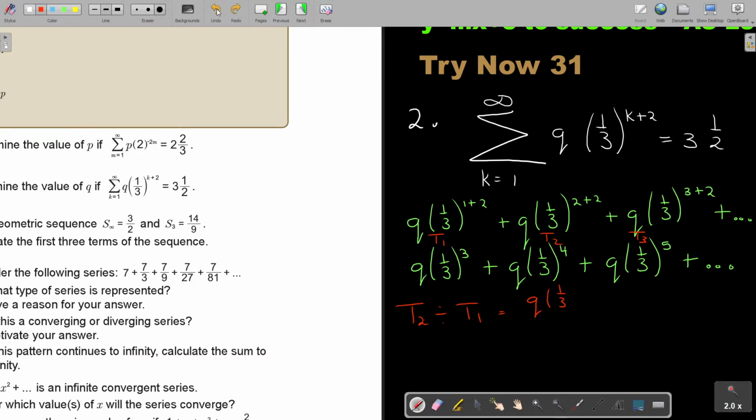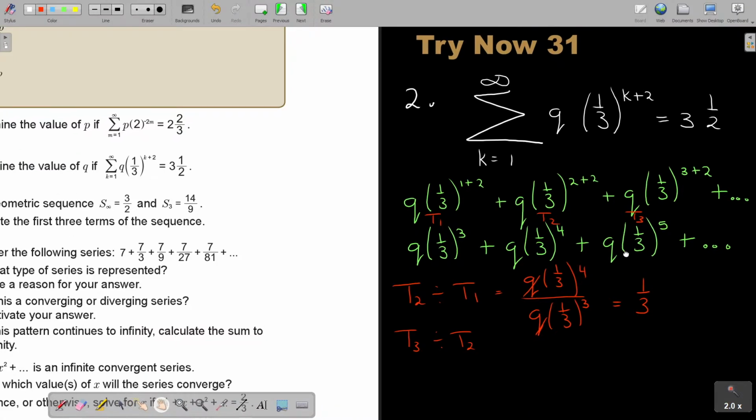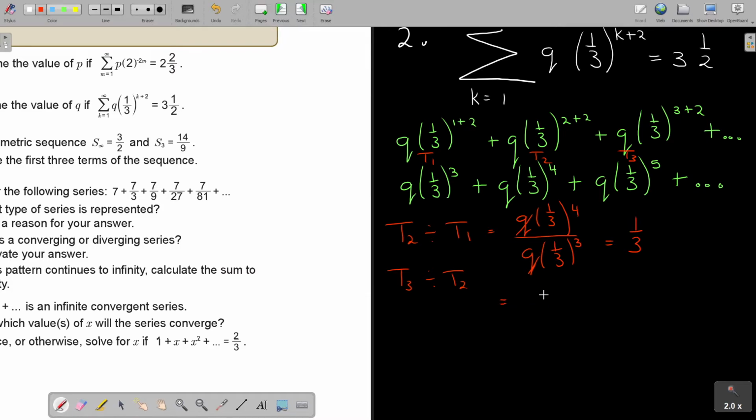Divided by q(1/3)^3. This is the reason why I said leave it like that, because the q's cancel. Do you see that? Basically I'm just ending with 4 minus 3, so it's just a third. And if you say t3 divided by t2, I will get q(1/3)^5 divided by q(1/3)^4.